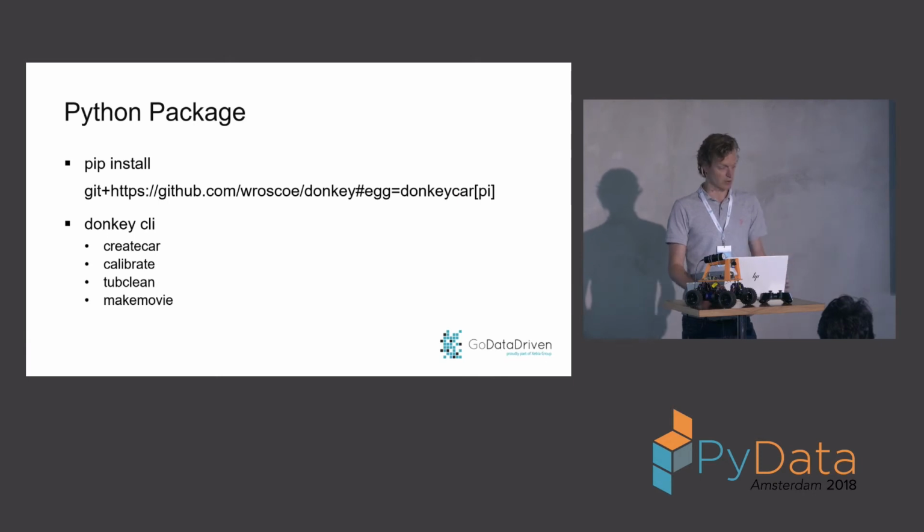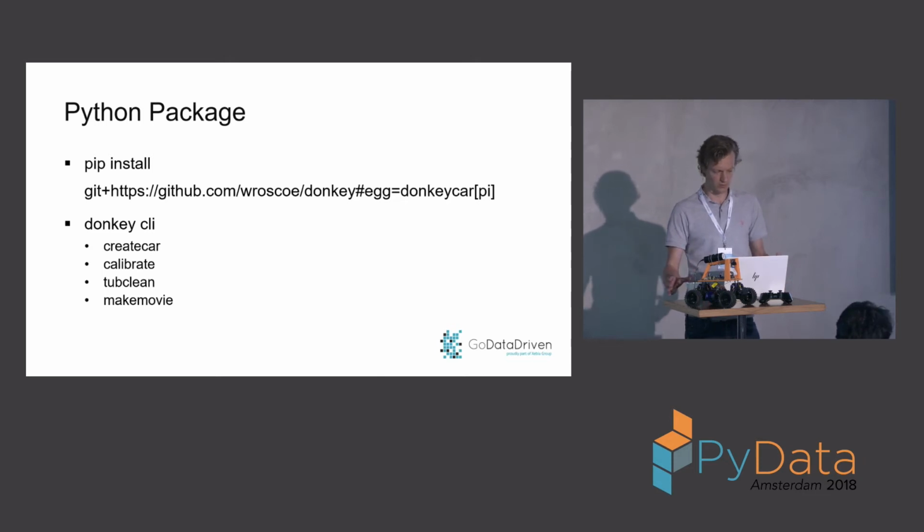So the next step, you can use any Raspbian image. They have a pre-made image, but if you use Raspbian, you need to pip install the package. You have to actually use master, but that's fine. After installing the package, it will install TensorFlow, Keras, a lot of these neural net dependencies.